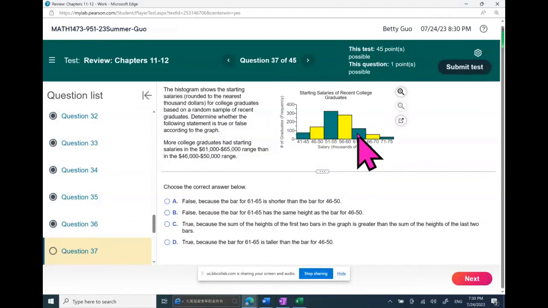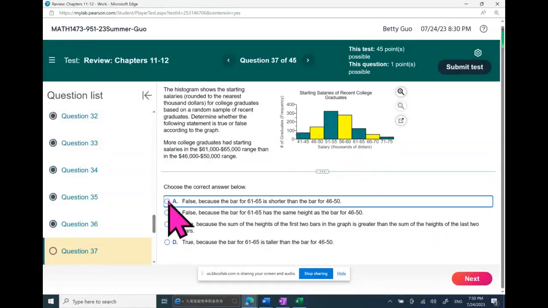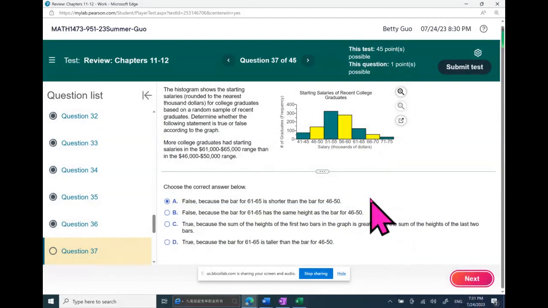It says that has more people than 46 to 50, this yellow. That's false, because the bar for 61 to 65 is shorter than the bar for 46 to 50. So the frequency is lower, not bigger.